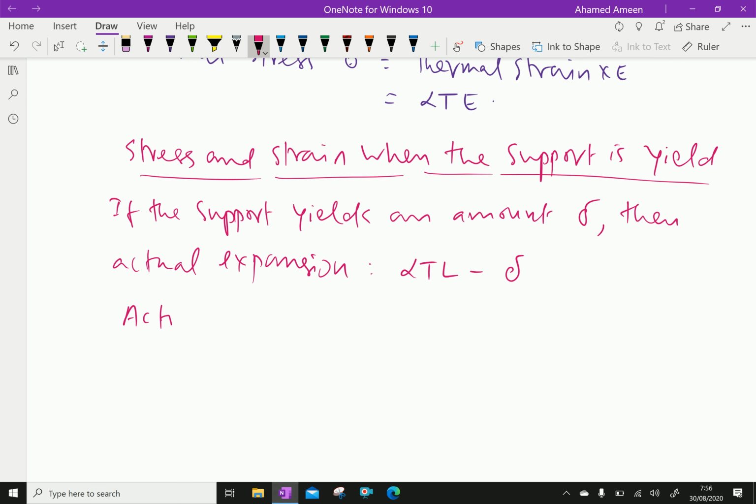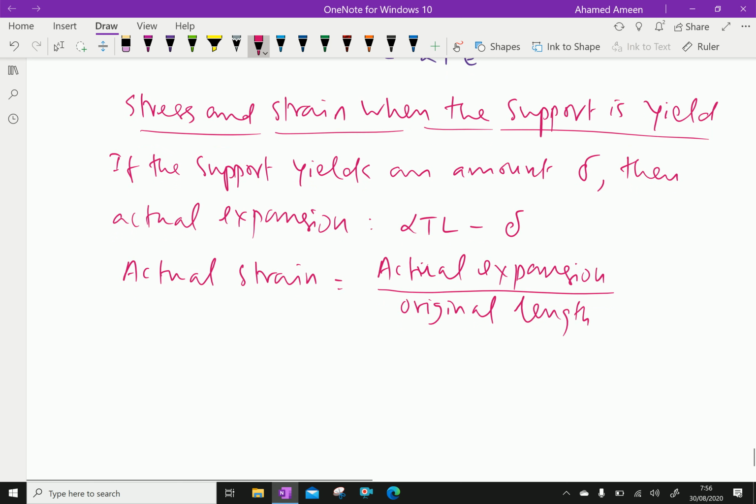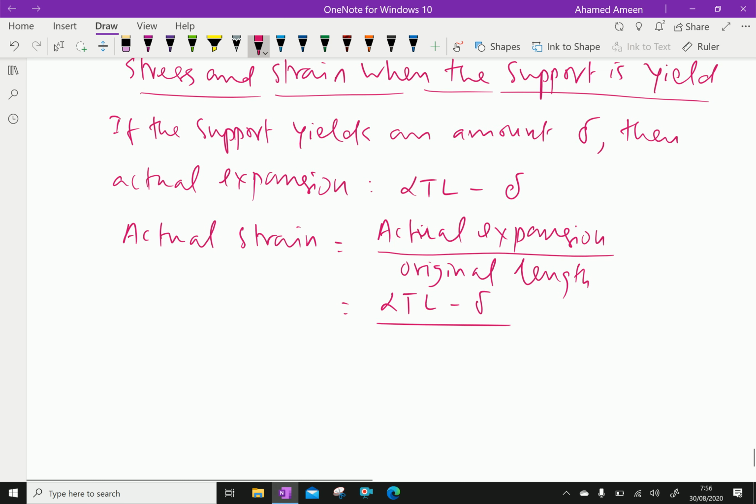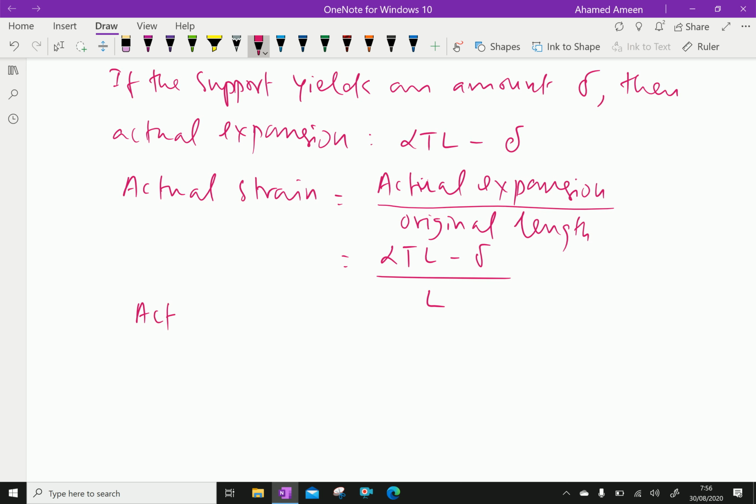Therefore, we can say actual strain equals actual expansion over original length, equal to alpha TL minus delta over L. And actual stress is equal to actual strain into Young's modulus.